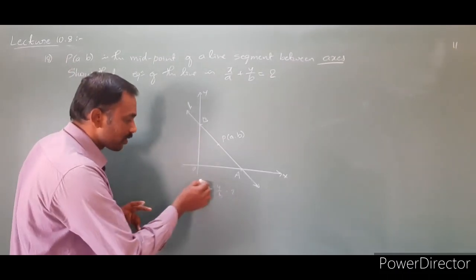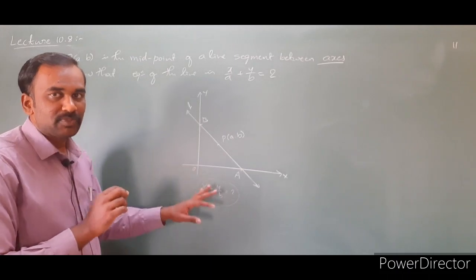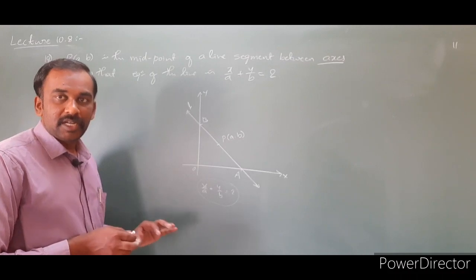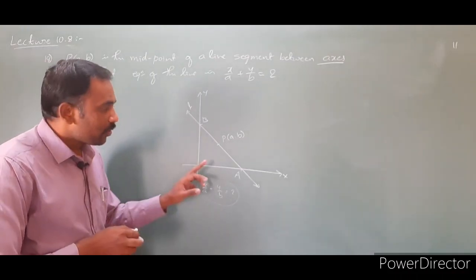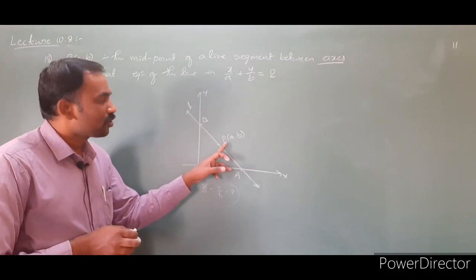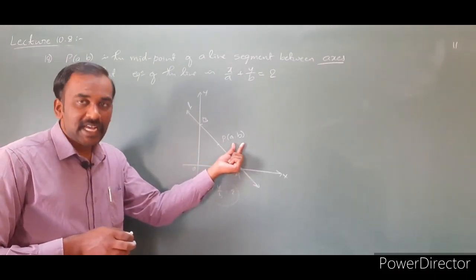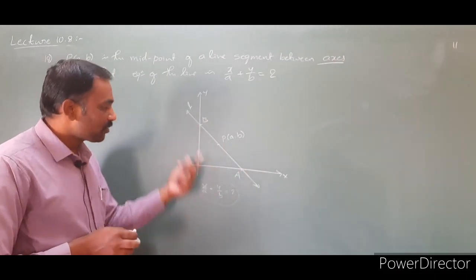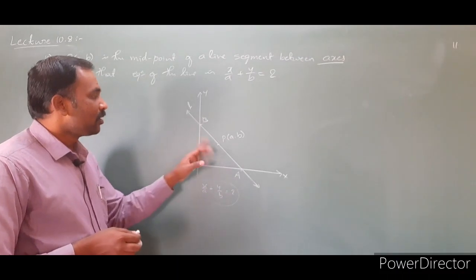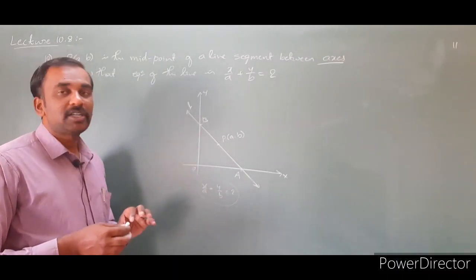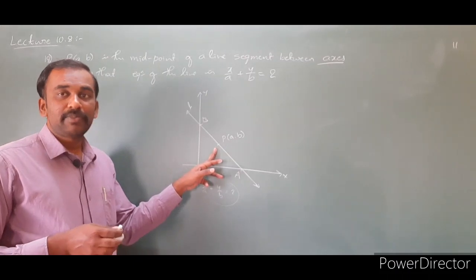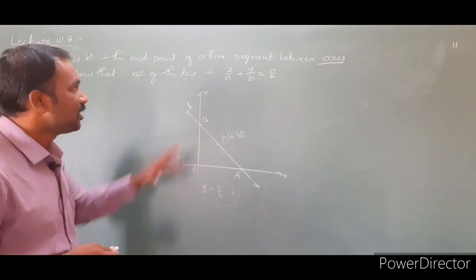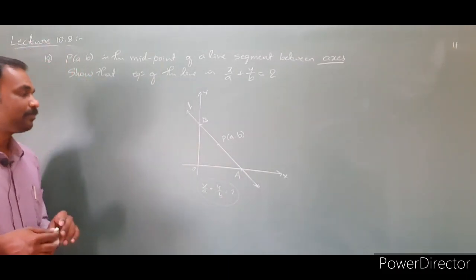We need to get the equation of the line, and after simplifying, we have to arrive at this one. Only one condition is given: P is the midpoint of the line segment AB. Then how will you proceed to get the required equation of the line?